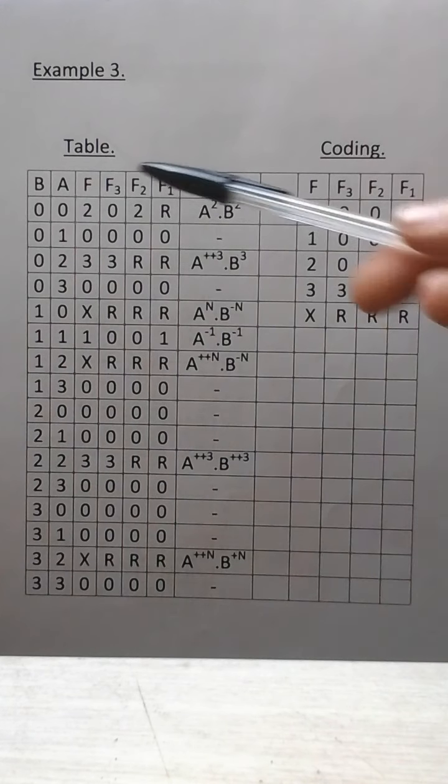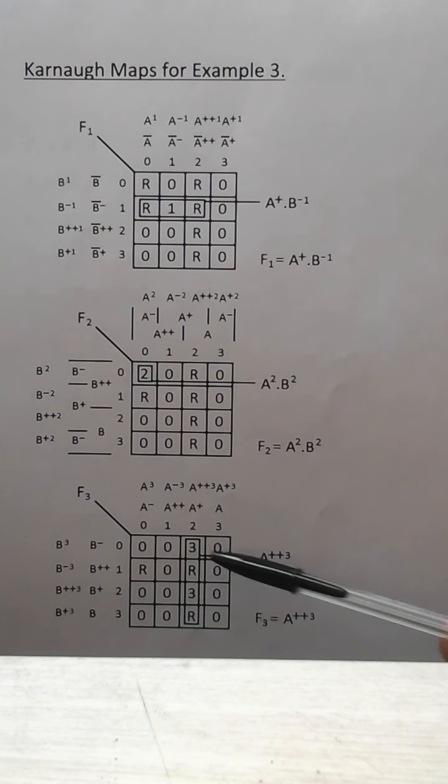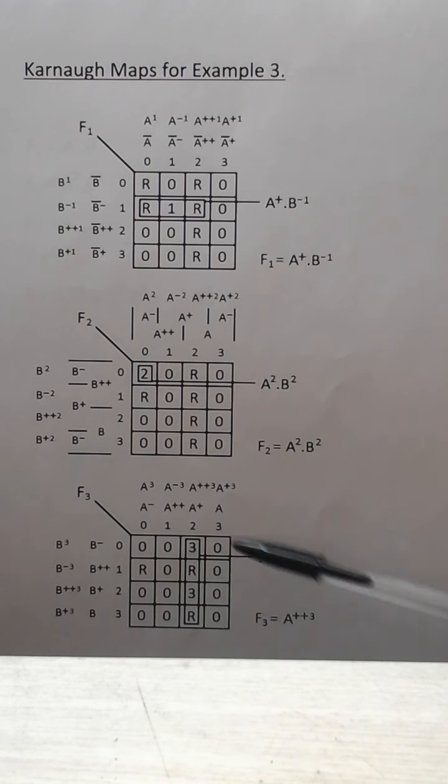So this is a Karnaugh map for example 3. Again, we're looking at Karnaugh map F3, and here I can loop an entire column. So this is a plus plus 3. I can't use a plus plus because it isn't available here or here, so I have to use a plus plus 3 instead.